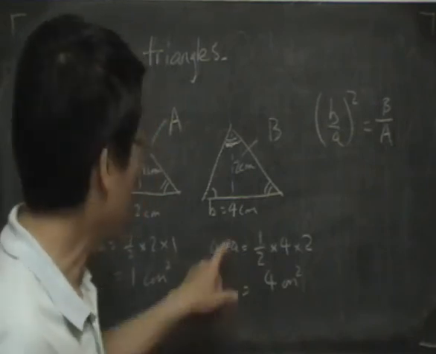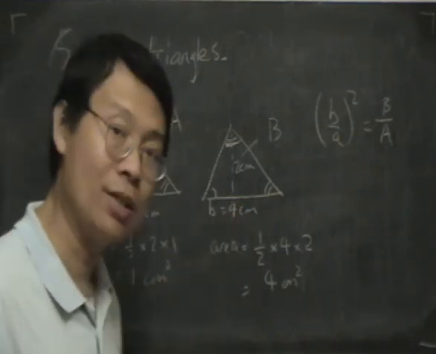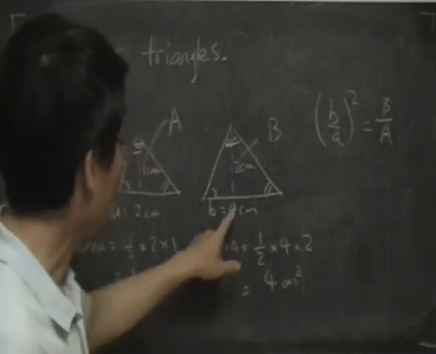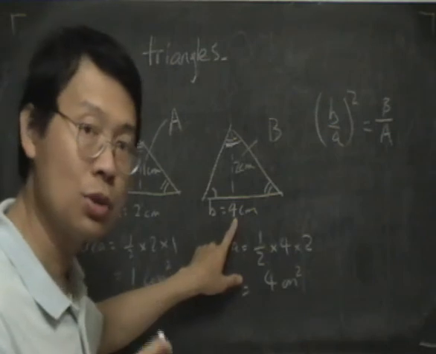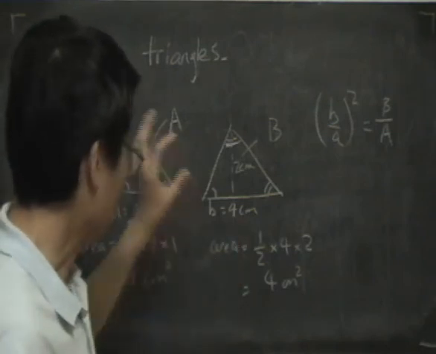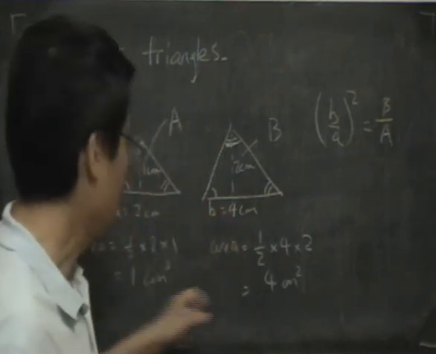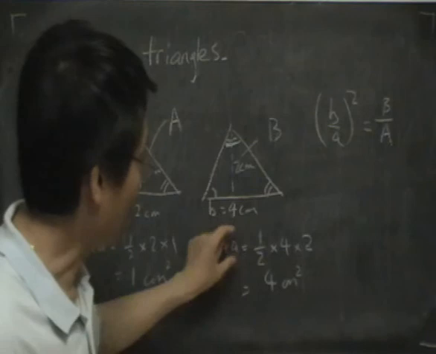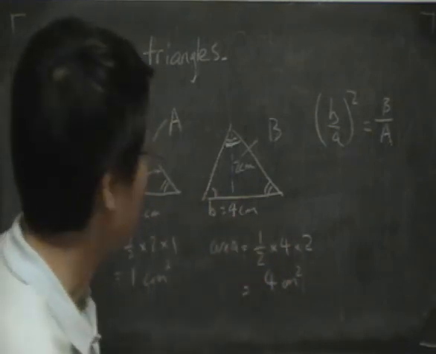So 2 is the ratio, and 2 squared is 4. So I can take 4 times the 1 to get the area without having to do a separate calculation for the area.